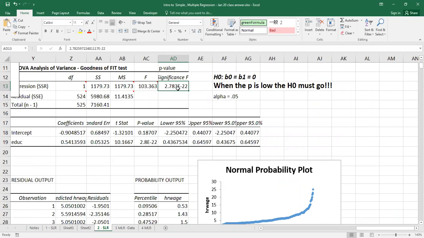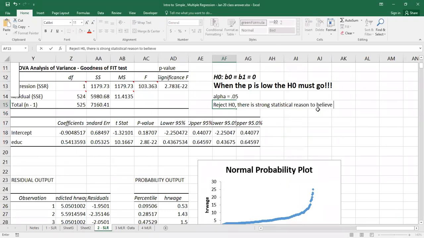Therefore, ano yung conclusion natin? Reject H0. Okay? Reject H0 that B0 is equal to B1 is equal to 0. There is strong statistical reason to believe that at least one of these is not 0.